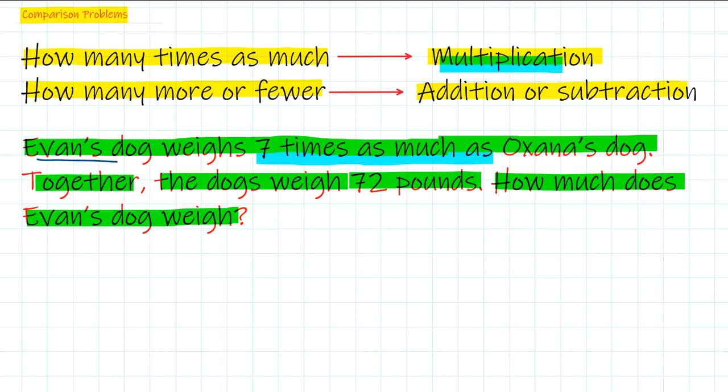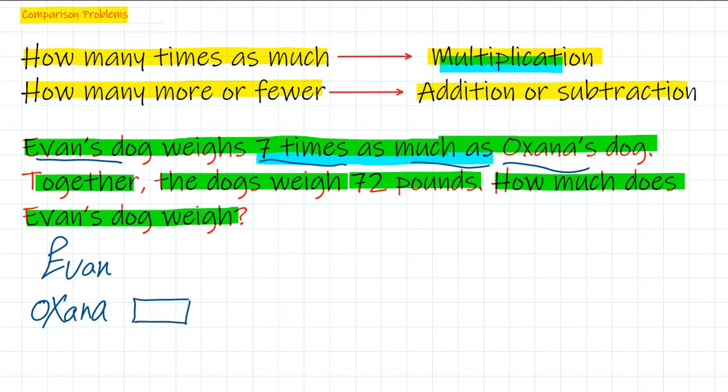First of all, Ivan's dog weighs 7 times as much as Oksana's, right? So which is bigger, Oksana's dog or Ivan's dog? Of course, Ivan's dog, because Ivan's is 7 times as much as Oksana's. So let's model it here. We have Ivan and Oksana. Oksana is the small one, so model it as 1 block.